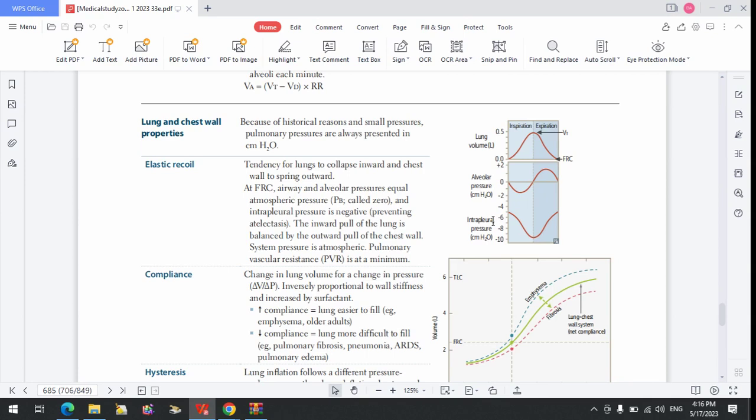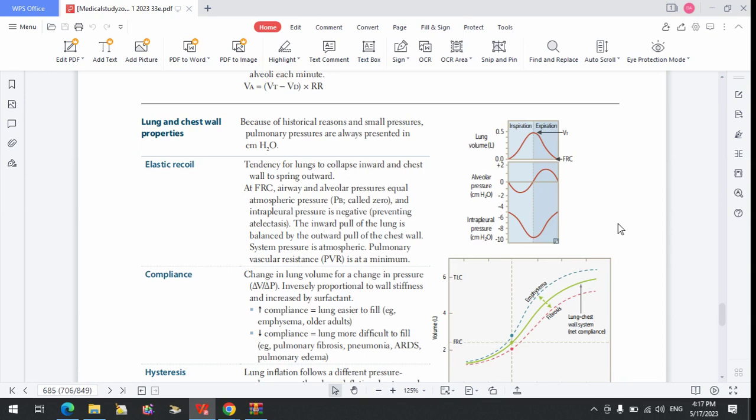Do you get it? Like you have high pressure within the alveoli and the atmospheric pressure, which is the outside, is low. You move fluid from high pressure to low pressure. That's the normal thing. So that is why air will leave the alveolar compartment to the external environment.